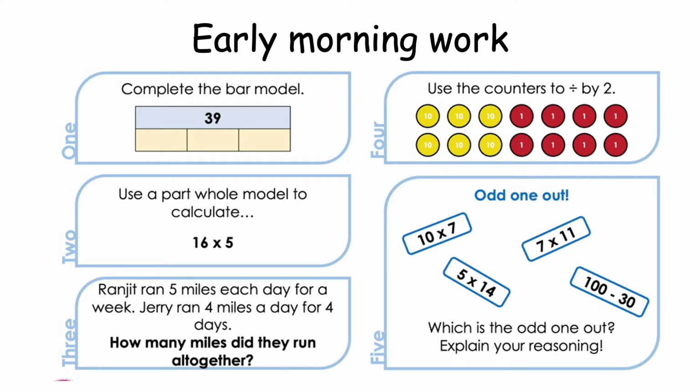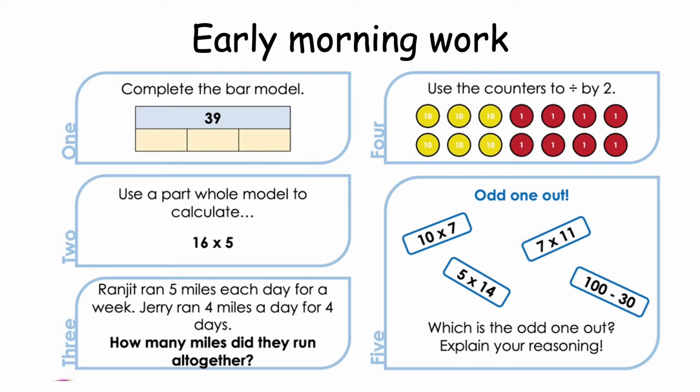So 5 multiplied by 7 is 35. And Jerry ran 4 miles each day for 4 days, so 4 multiplied by 4 is 16. I added 35 and 16 together to find the total amount of miles, and that came to 51.